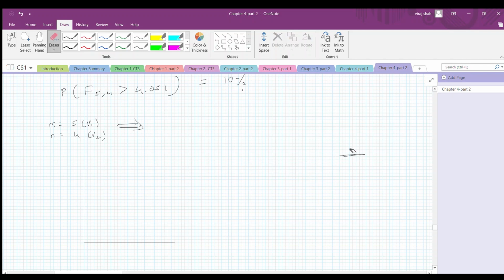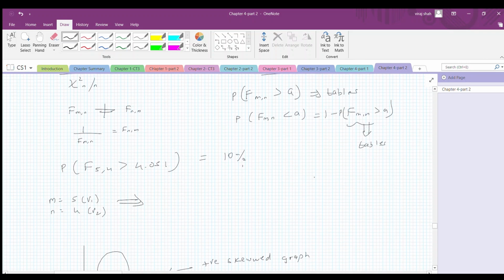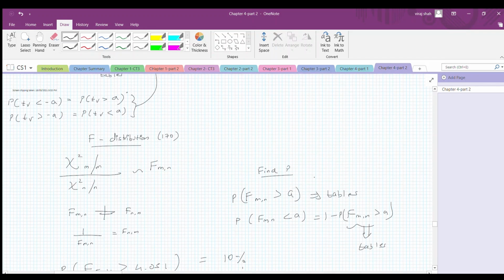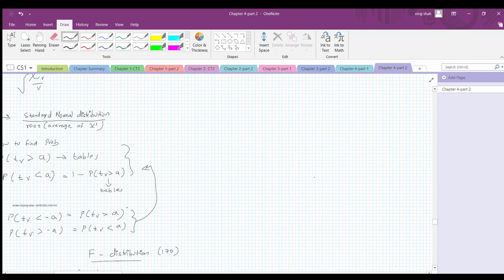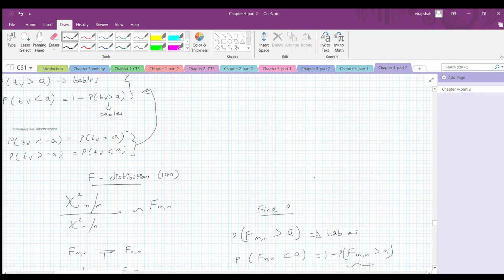The graph is somewhat like this. This type of graph is known as a positively skewed graph. So we get our answers for the F distribution and the t distribution.